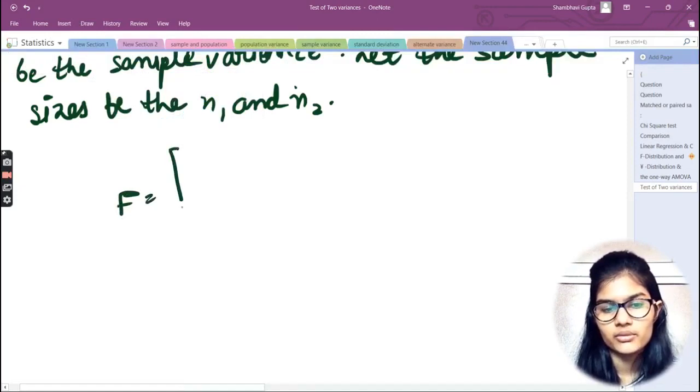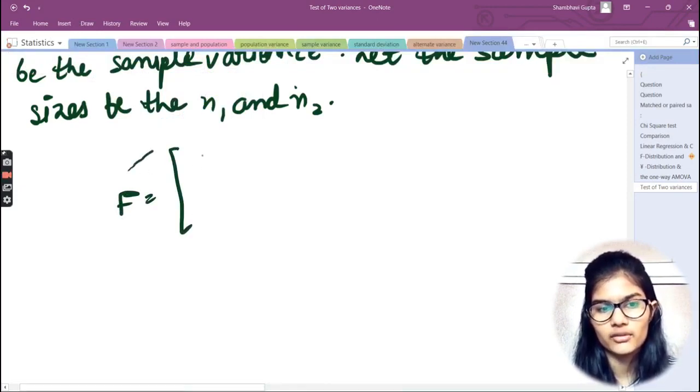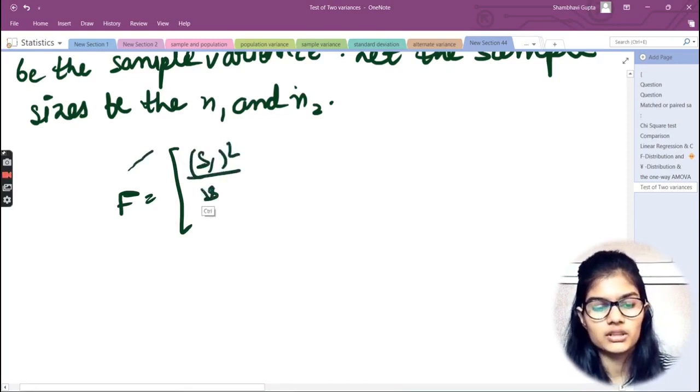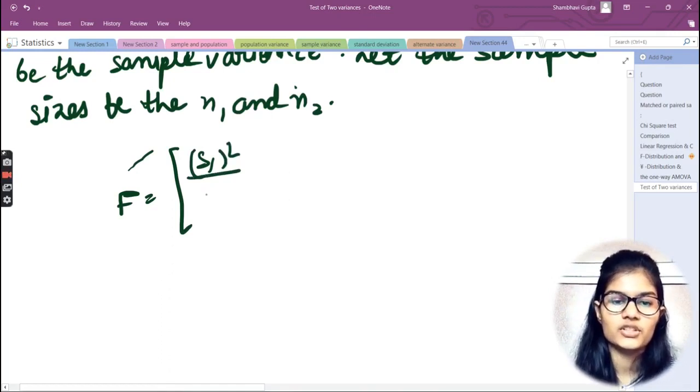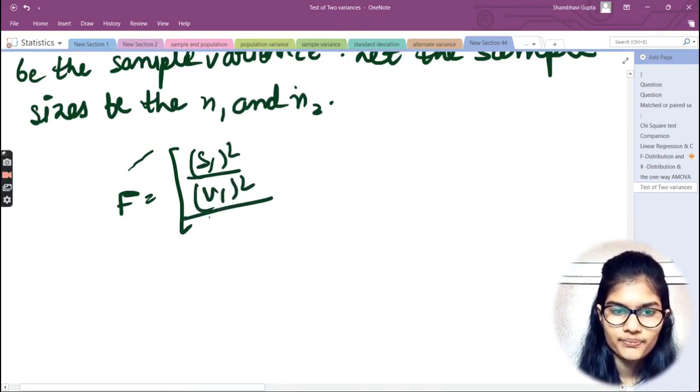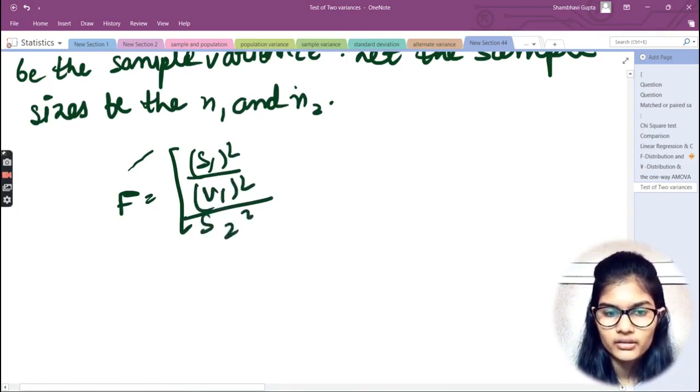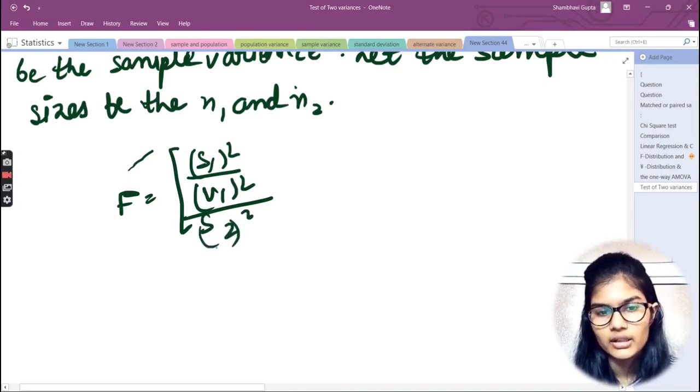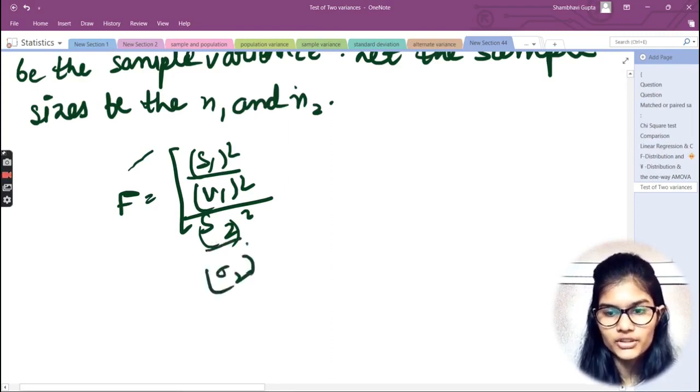F is equal to S1 square upon sigma 1 square, upon S2 square upon sigma 2 square. So this is how we put on the relevant formula.